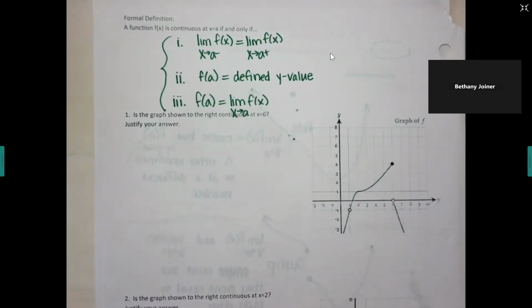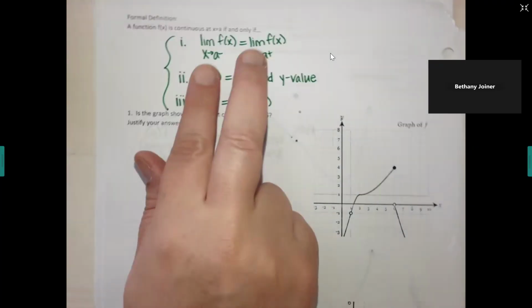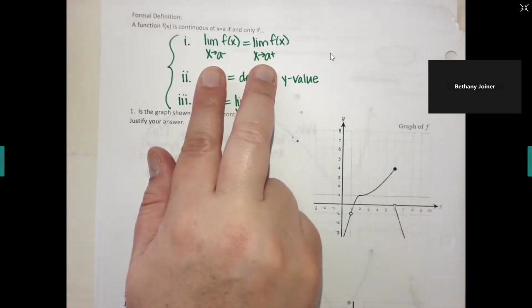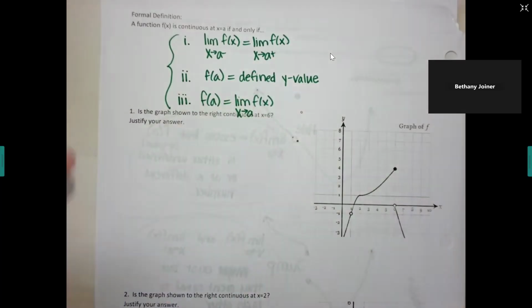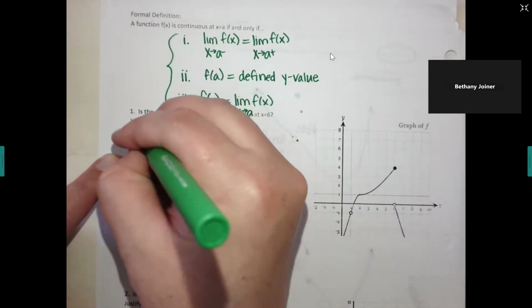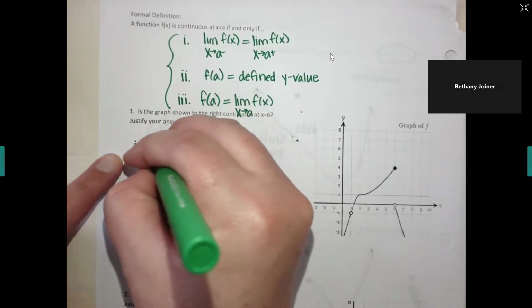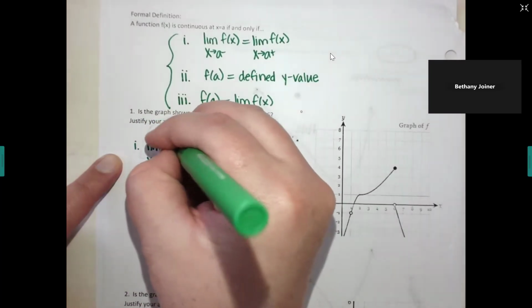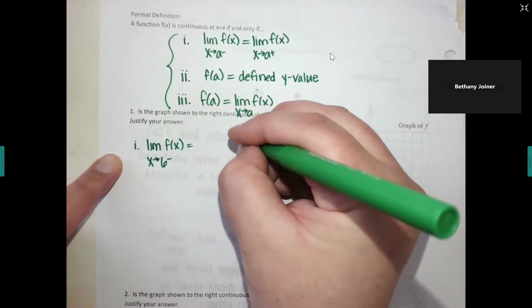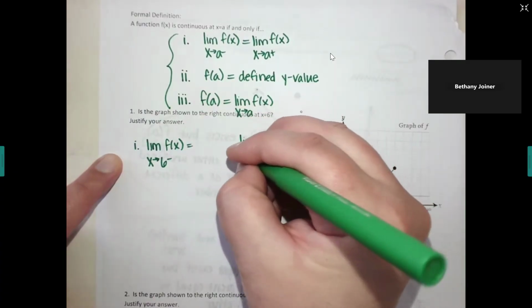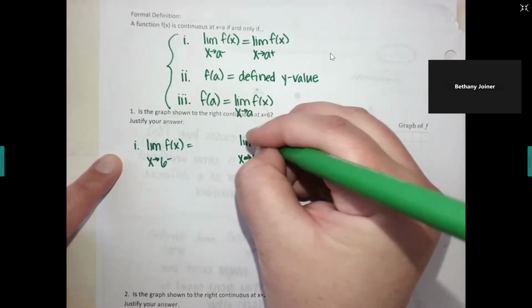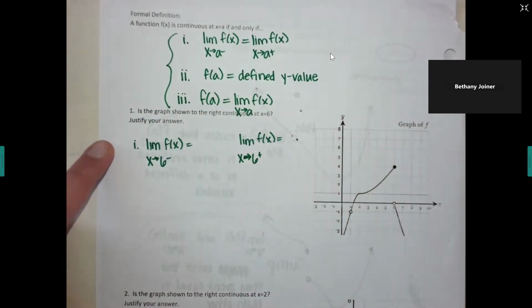The question says, is the graph continuous at x equals 6? So the first thing you're going to write is this, but instead of an A, you're going to put a 6. You're going to put limit as x approaches 6 from the left, and then limit as x approaches 6 from the right. So we're checking 6, that's why my A is turning into a 6 now.